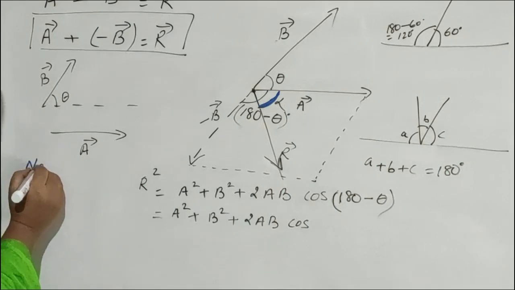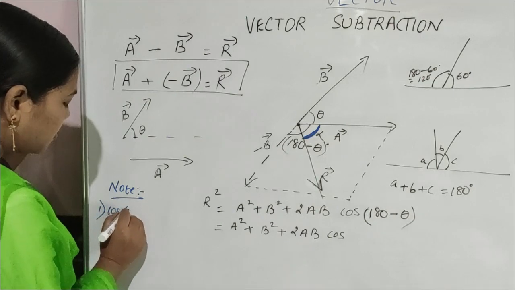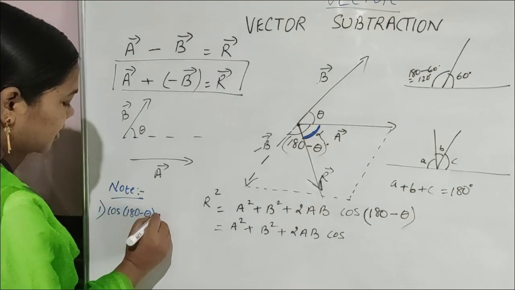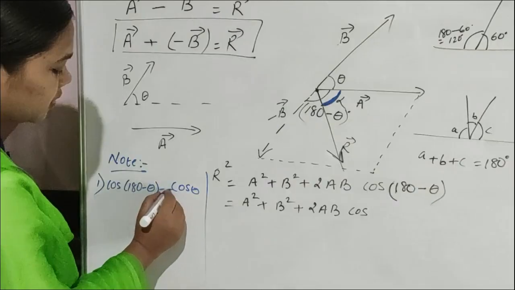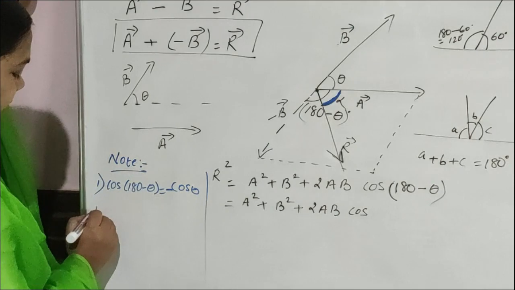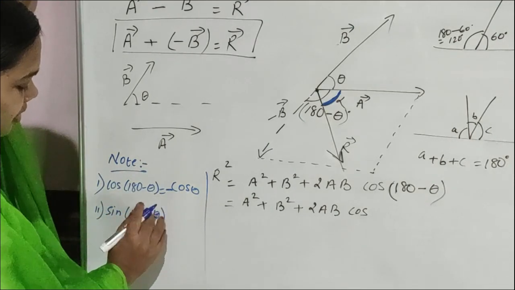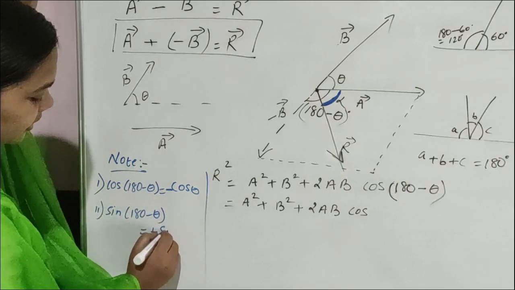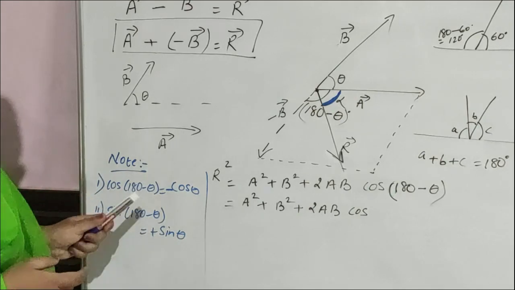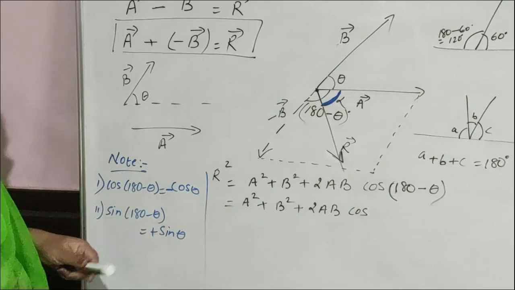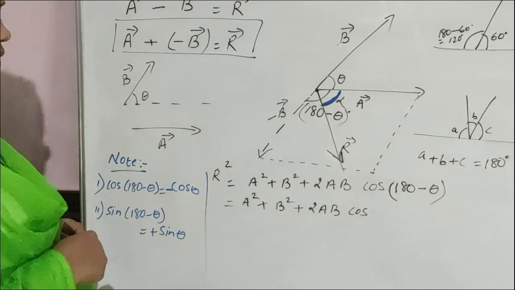Note: first point, cos(180 minus theta) equals minus cos theta, whereas sin(180 minus theta) is plus sin theta. These two things you must know. Cos(180 minus theta) is minus cos theta, sin(180 minus theta) is plus sin theta. Already in trigonometry this is there.